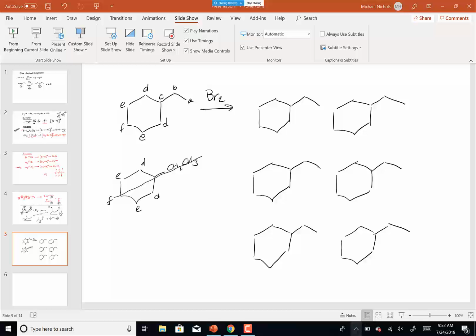Okay, so we can use a combination of naming, mirror planes, whatever is necessary, so that we can label the products. So there are 6 different products for this. So a Br there, a Br there, a Br there, a Br there, 1 there, and 1 there. So there are my 6 products: A, B, C, D, E, and F.